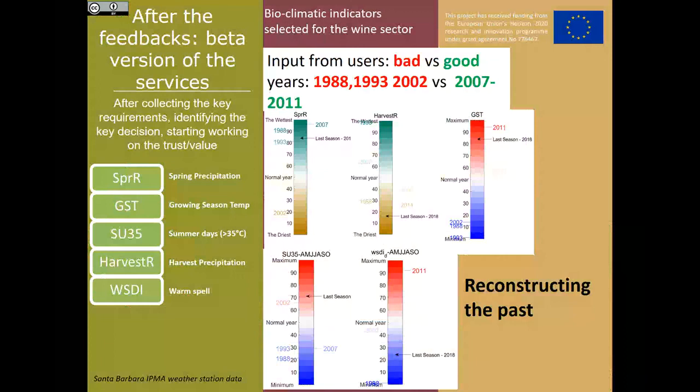So starting from the experience and the memory of Sogrape, we have identified five case years. In particular, the bad years for the wine sector of the Douro region were 1988, 1993, 2002, while in terms of good years, they identified a couple of years, 2007 and 2011.